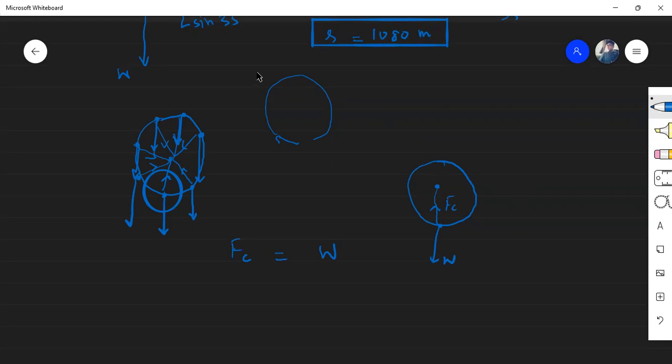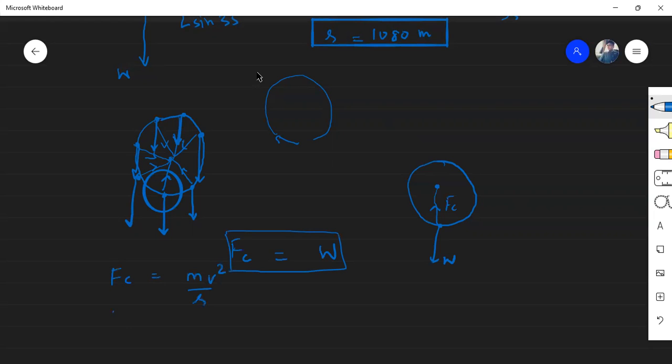Now we need to find the speed v. The centripetal force is equal to mv squared divided by r. Through our deduction, can I plug in W in place of Fc, because weight is equal to the centripetal force?